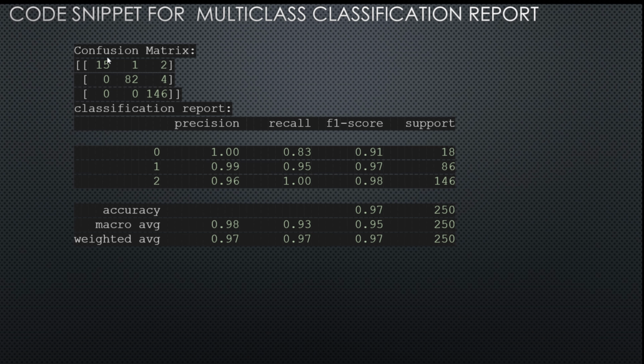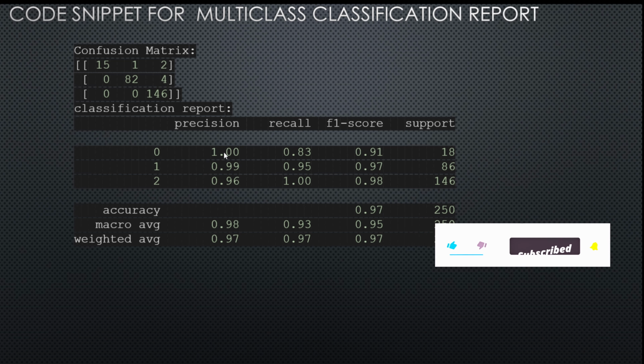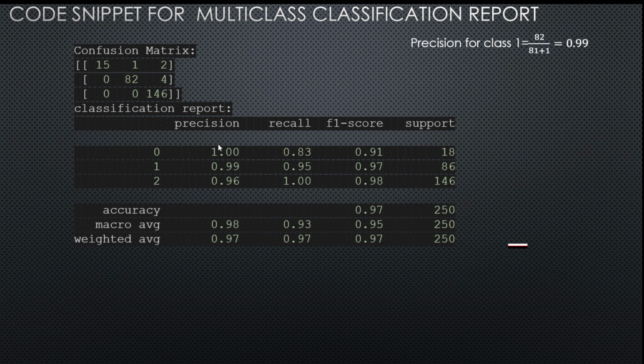So TP in this case is 15 and FP for class 0 is 0. So the precision is 1, which matches our expectation, right? And the total, which is 15 plus 1, 16 plus 2, 18, is the total number of actual values, which is represented here. That's how we should interpret the classification report.